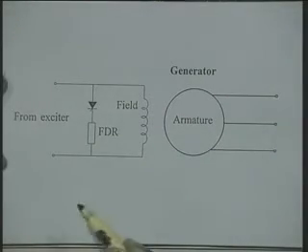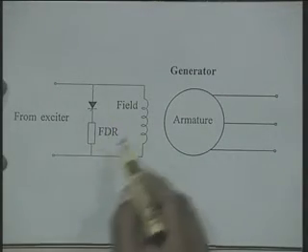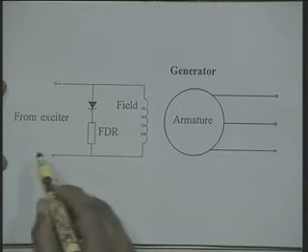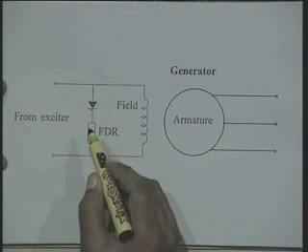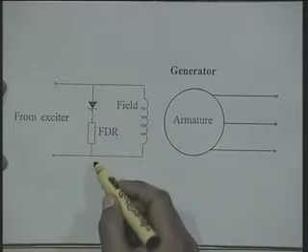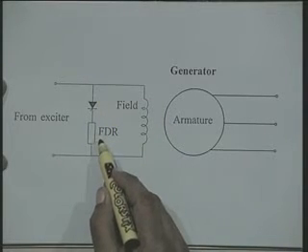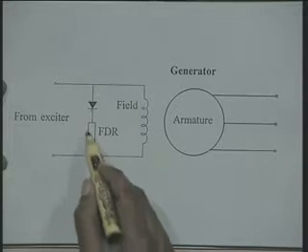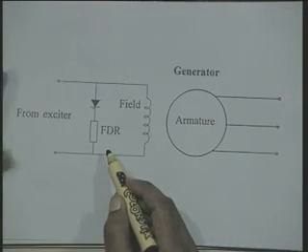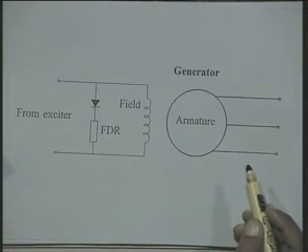One is that across the field winding you put a thyristor controlled field discharge resistance. This resistance is always provided along with the excitation system.